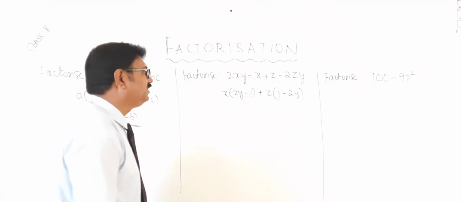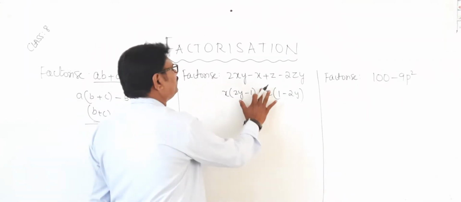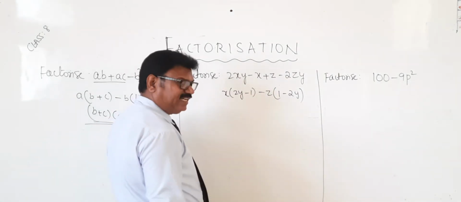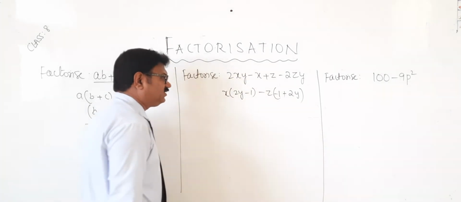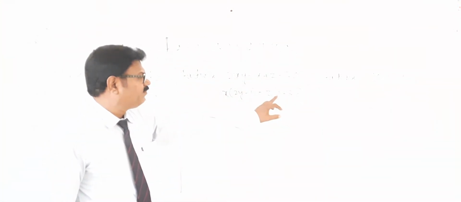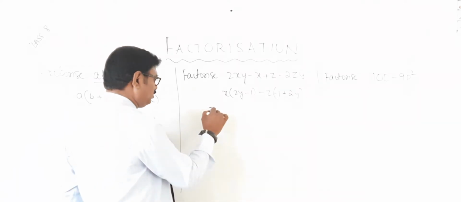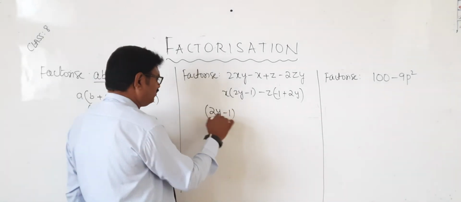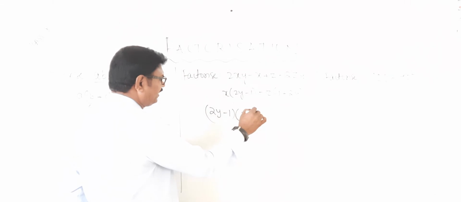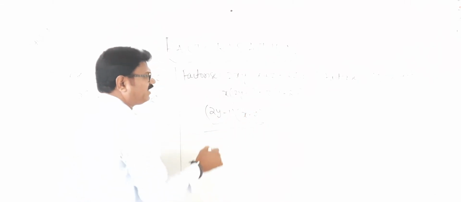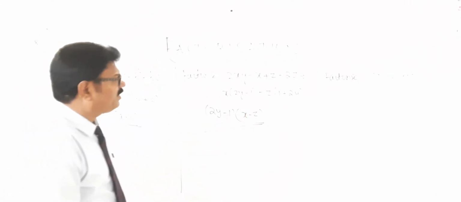Not same. Not same means very simple. Instead of plus z, you take minus z. It will become minus and it will become plus. Then what's using? 2y minus 1. Therefore, 2y minus 1 is one factor and x minus z is one more factor. Okay na? So very simple problems.